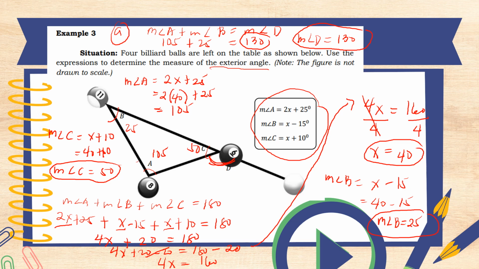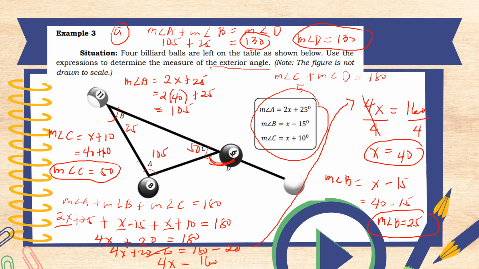Another is by using the linear pair theorem. Since angle D and angle C are a linear pair, and a linear pair is equal to 180, the sum of the two angles is equal to 180. Therefore, the measure of angle C plus the measure of angle D equals 180.